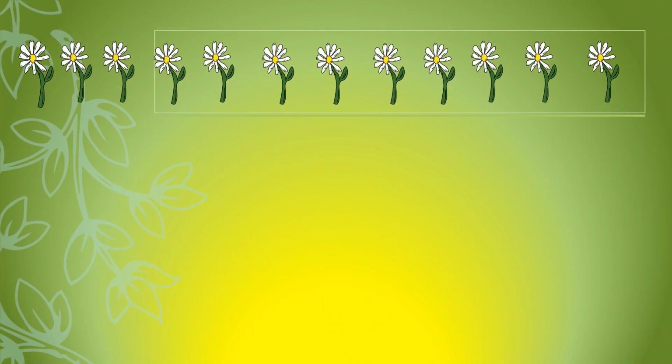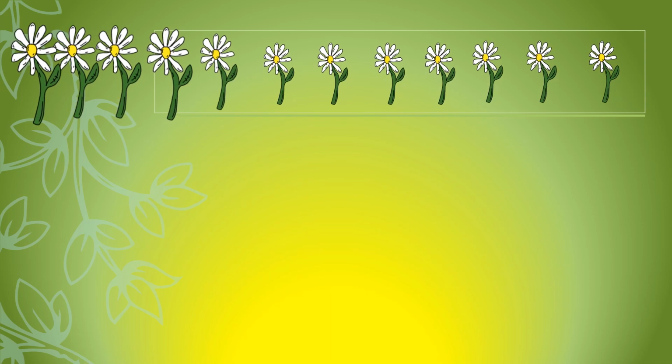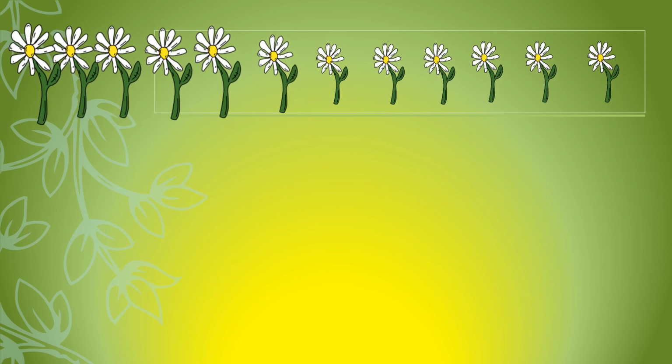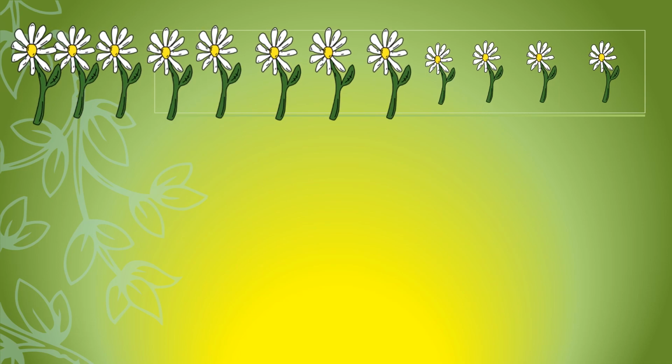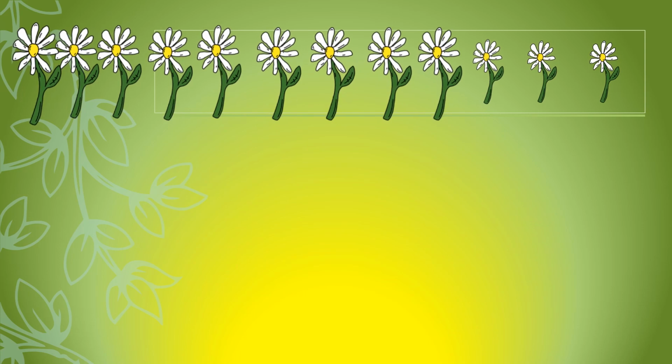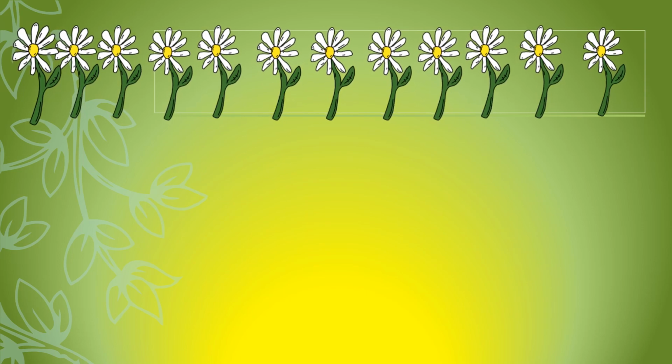Here you can see that the flowers are arranged in a single row. Let's count the flowers. 1, 2, 3, 4, 5, 6, 7, 8, 9, 10, 11 and 12.